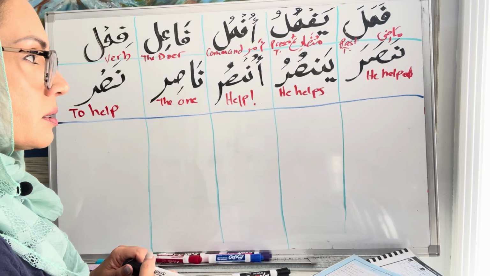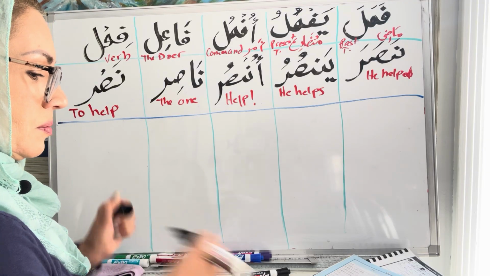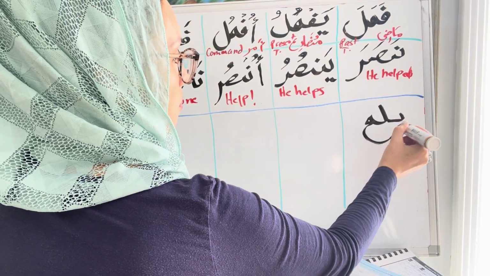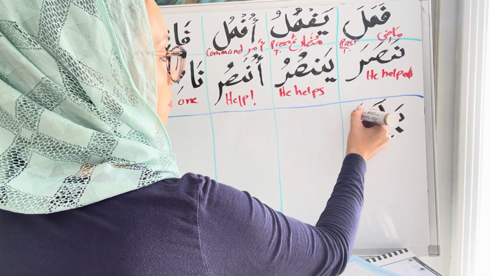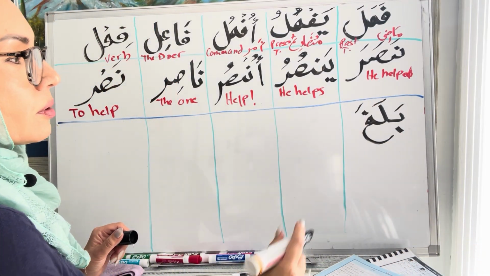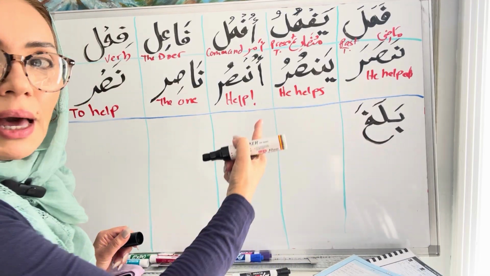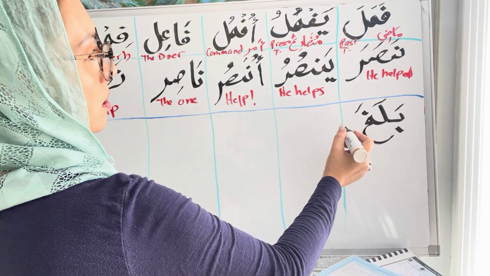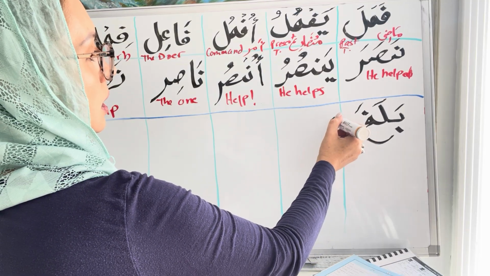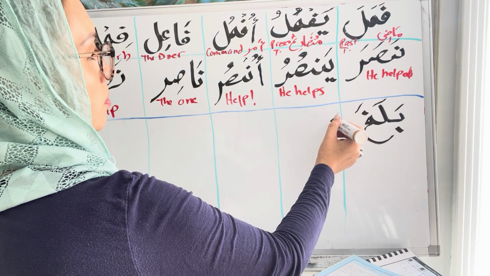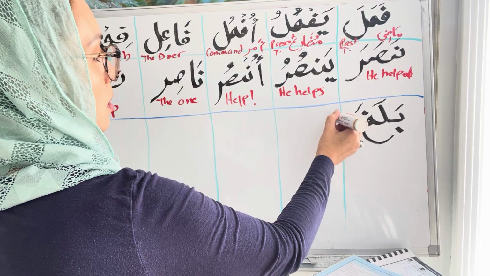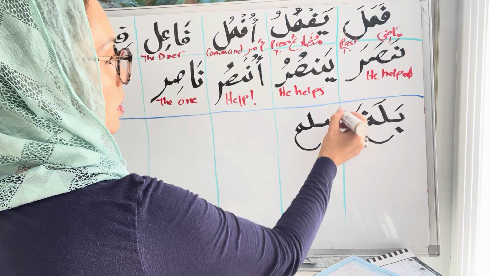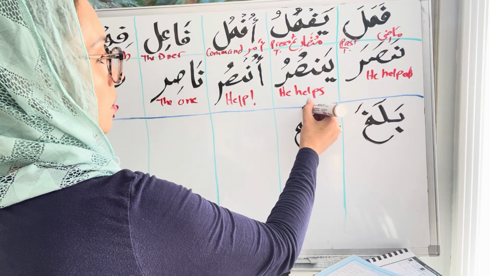Next word we have is balagha. All right, so balagha. Now we're going to follow the same pattern as this. So this should be yablughu.